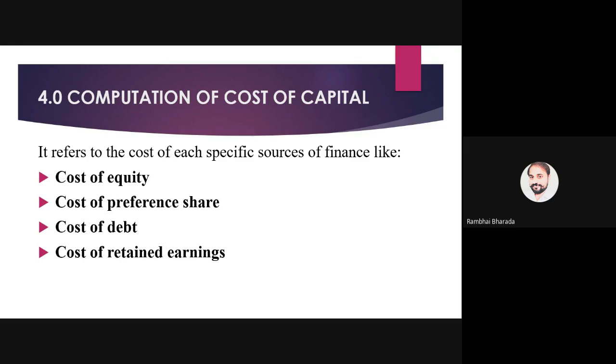So for the investors it is an income, but for a company it is an expense. So whenever we use money of other parties, it may be equity shareholders, preference shareholders, debentures, or internal source, first of all we need to look at the cost of the capital.